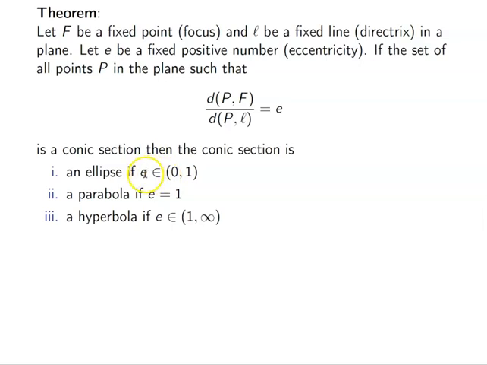The smaller that E is, the closer we are to a circle. The larger that E is, the more we start to get long and thin, right? Hyperbola as well. The different ratios that we have here will change how our hyperbola looks as well, and we can go into that later when we get closer to that in this section.